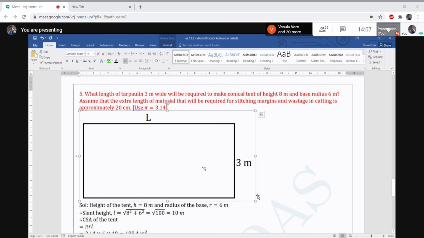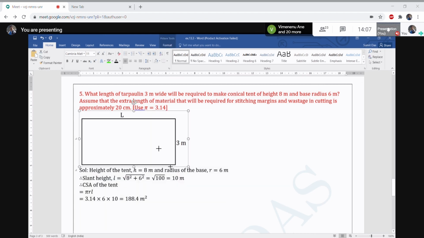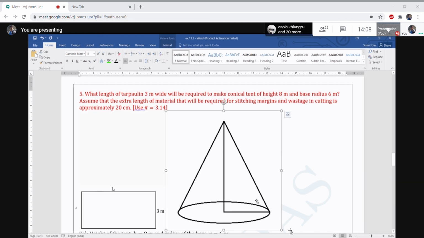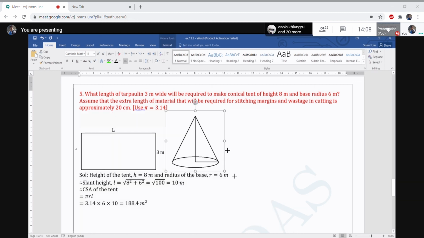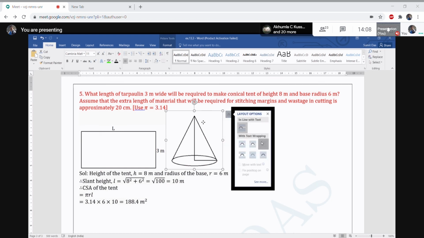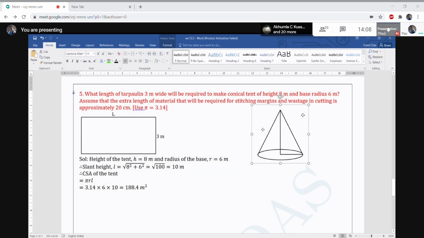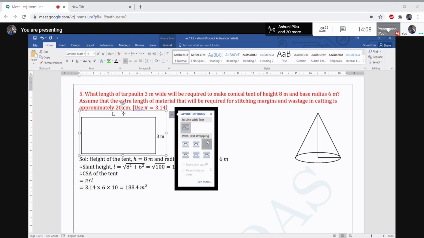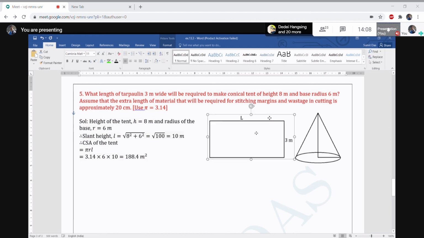So from this tarpaulin we will make a cone, we'll make a tent like this. So you can see the area of the cone and the area of the tarpaulin should be the same.